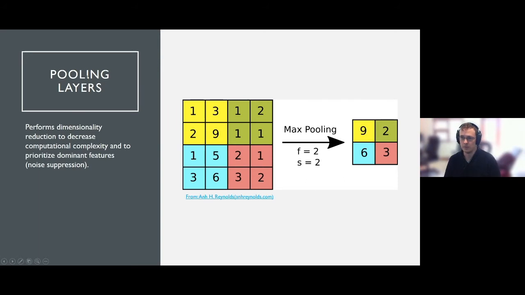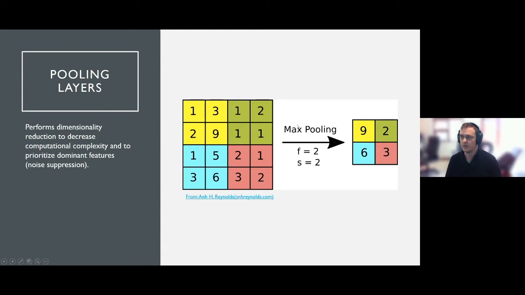We also have things called pooling layers that we use to perform dimensionality reduction, which is used to decrease computational complexity and also to prioritize dominant features. So one of these is max pooling, where we take the maximum value in a kernel area. So here we take 9, 2, 6, and 3, which then gets transferred to our feature map.